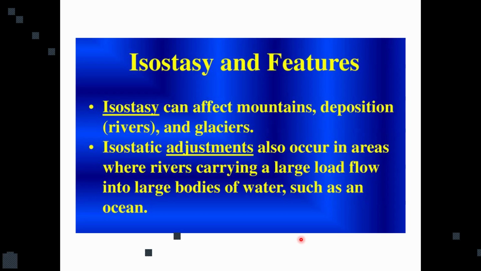Isostatic adjustment also occurs in areas where rivers carrying a large load flow into large bodies of water, such as an ocean, where large sediment is brought from the hinterland and deposited in the ocean. It can make such a place go down because of the heavy load involved.